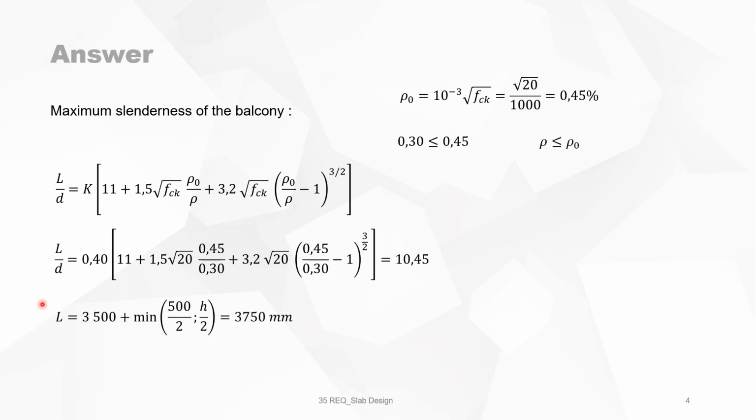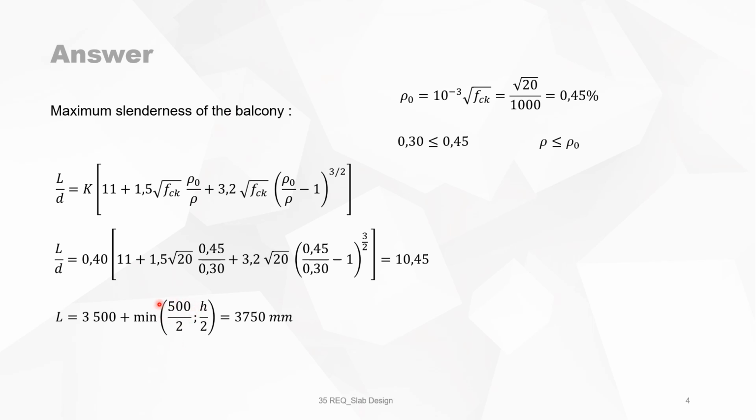The span now is not known because the span equals the 3,500 millimeters plus the condition on the support. And this is governed by the minimum of half of the thickness of the slab and half of the width of the support.